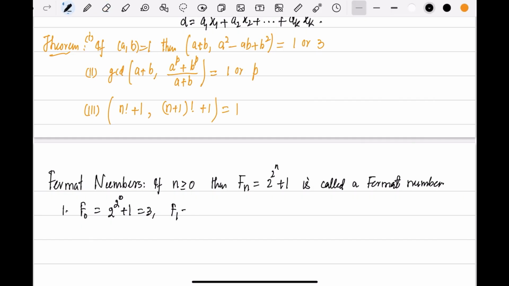So F0 is 3, and F1 is 5. Similarly, F2 is 2 to the power 2 squared plus 1, that is 2 to the power 4 plus 1, that is 16 plus 1, which is 17, that is also prime. Similarly, F3 is prime, and F4 is also prime.